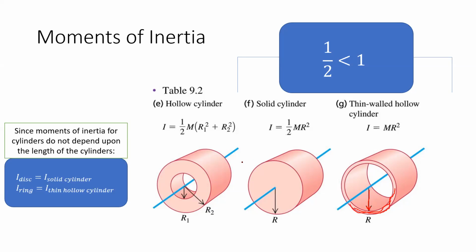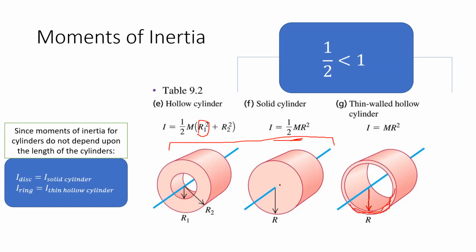Again, the solid cylinder, and I am going to call both of these solid cylinders, since this expression is the same, but R1 is equal to 0. But the solid cylinder has a smaller moment of inertia than the hollow cylinder.